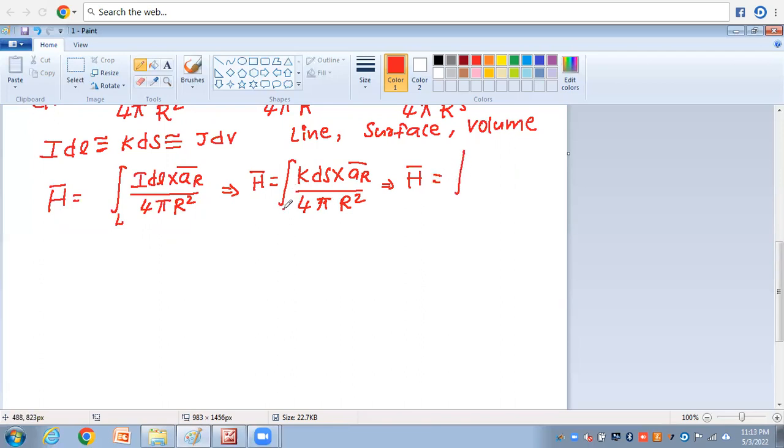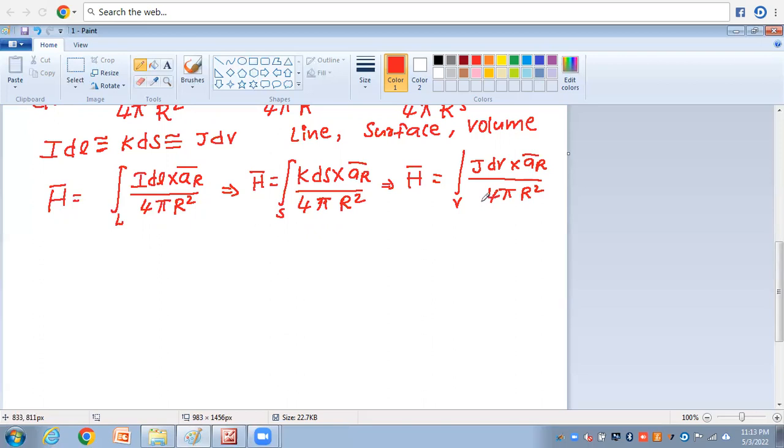Here S is for surface, and V is for volume: J dV cross a R bar by 4 pi r square.